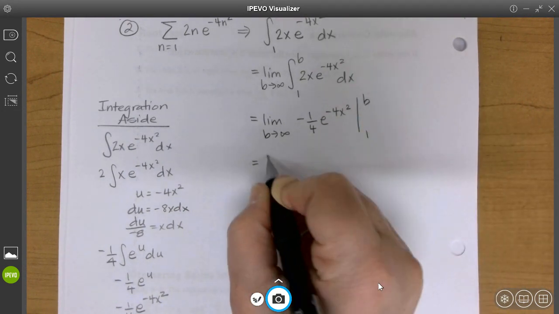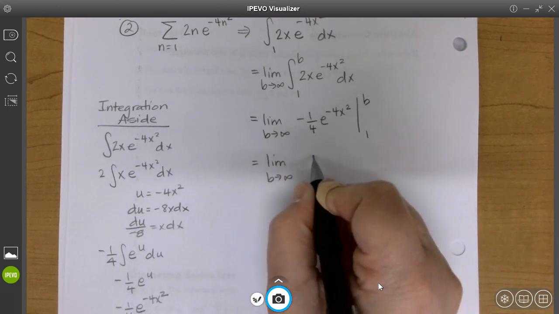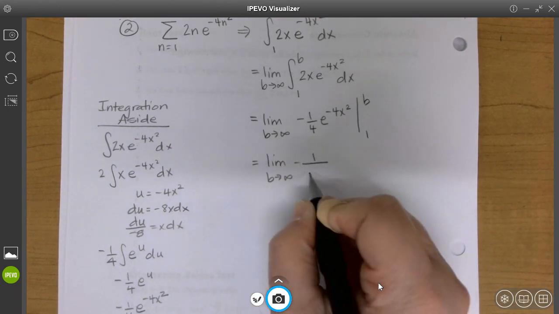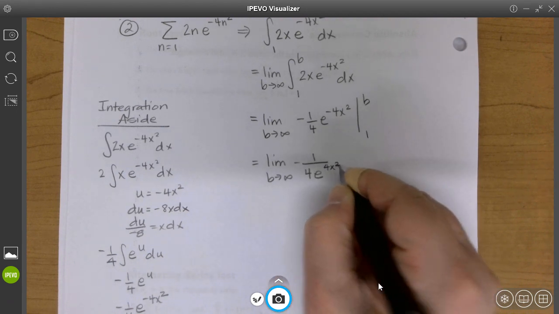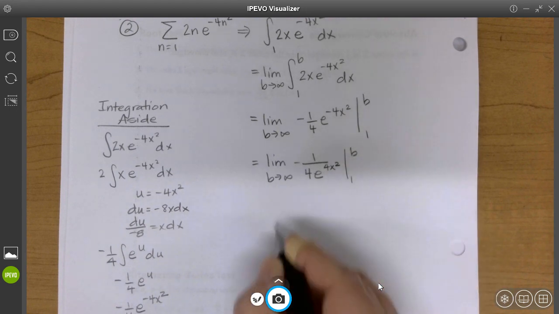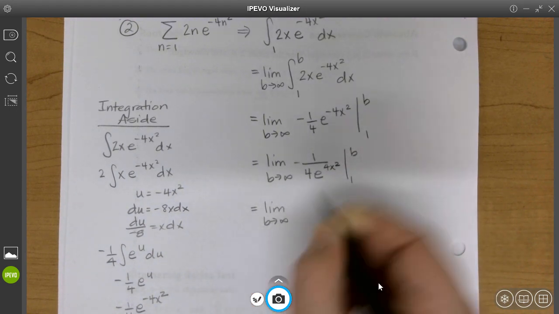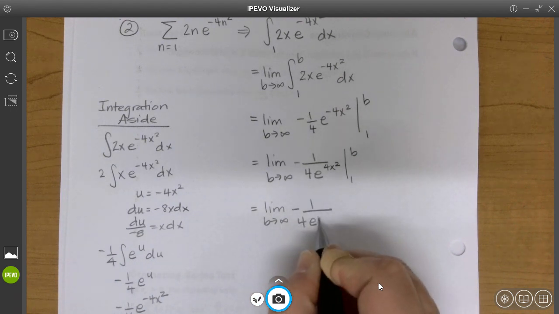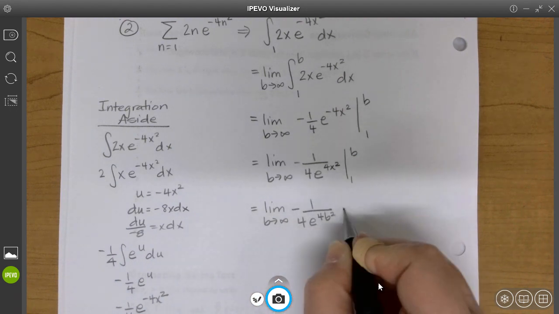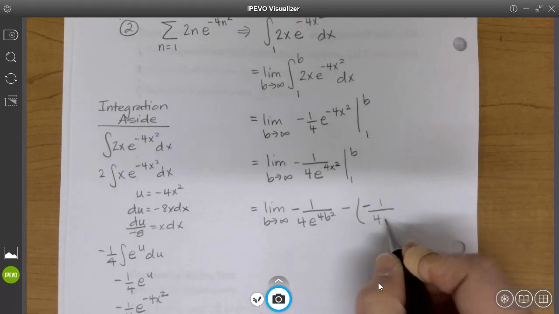And I'm going to put things where they belong with that exponent there, because sometimes it's easier for me to see, and perhaps you, if you put e on the bottom when it's got a negative exponent, such that we go from 1 to b. All right, and then let's evaluate using the fundamental theorem of calculus. So we're going to plug in b, which is 1 over 4e to the 4b squared, minus a negative 1 over 4e to the 4th.